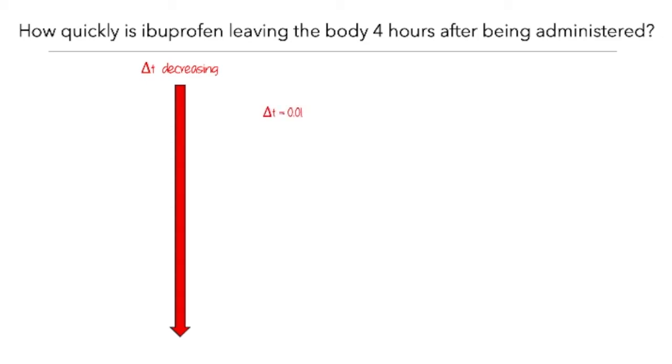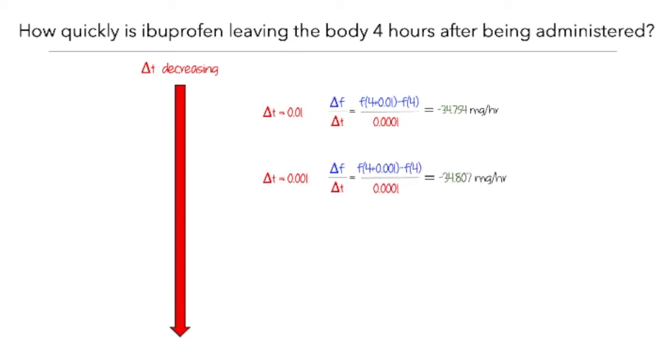When we use delta t of 1/100th of an hour, the average rate at which ibuprofen is leaving the body is negative 34.754 milligrams per hour. When we use delta t of 1/1000th of an hour, the average rate at which ibuprofen is leaving the body is negative 34.807 milligrams per hour.